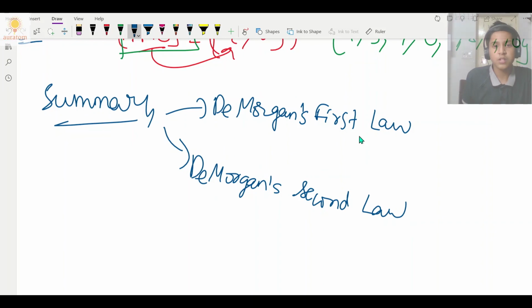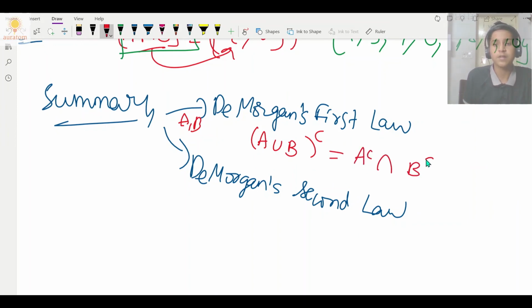What De Morgan's first law says is that if you take two sets A and B, the absolute complement of A union B will be the intersection of A complement and B complement. So the absolute complement of the union of two sets is equal to the intersection of their complements.